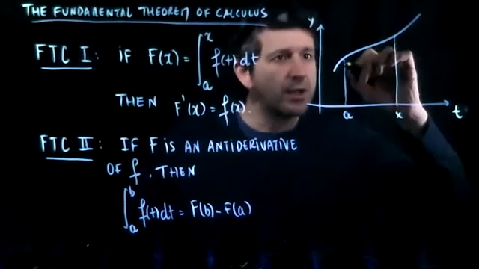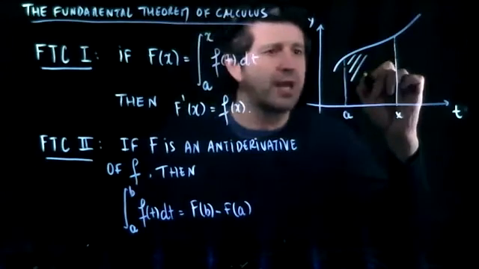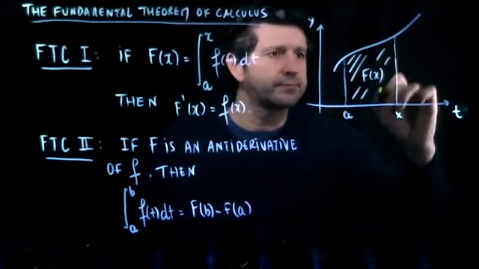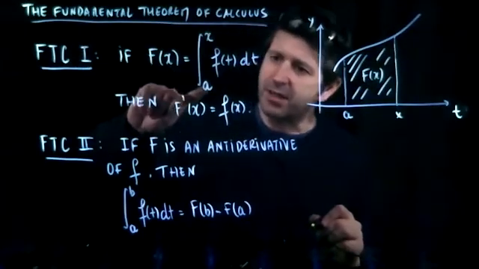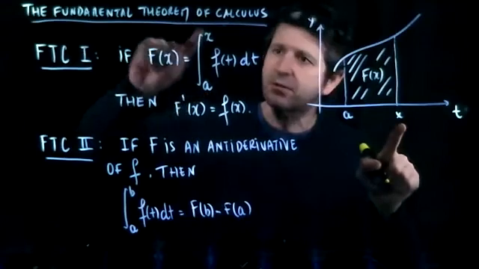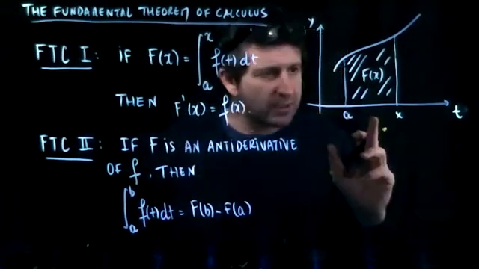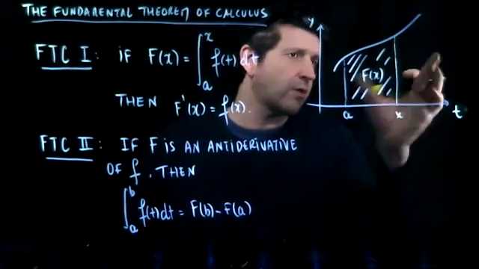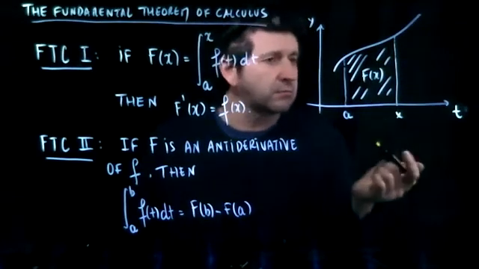So this area here is what I call big F of x. Because I said big F of x is the area from A to x of the function f. Obviously this area depends on x. If x is a bit further, the area will be different. If x is a bit smaller, the area will be smaller in this case.